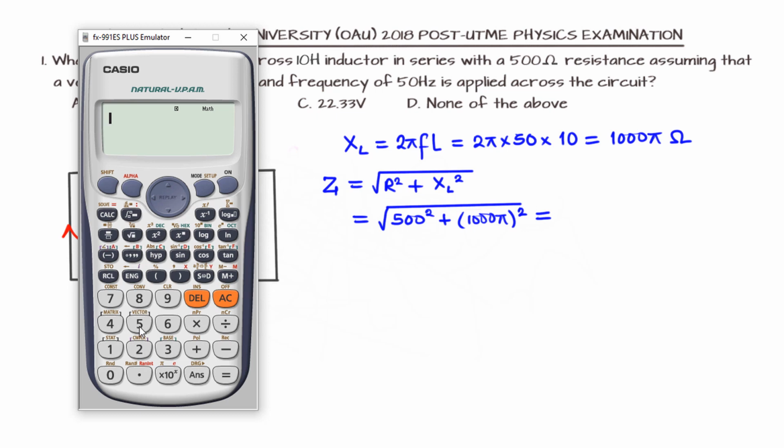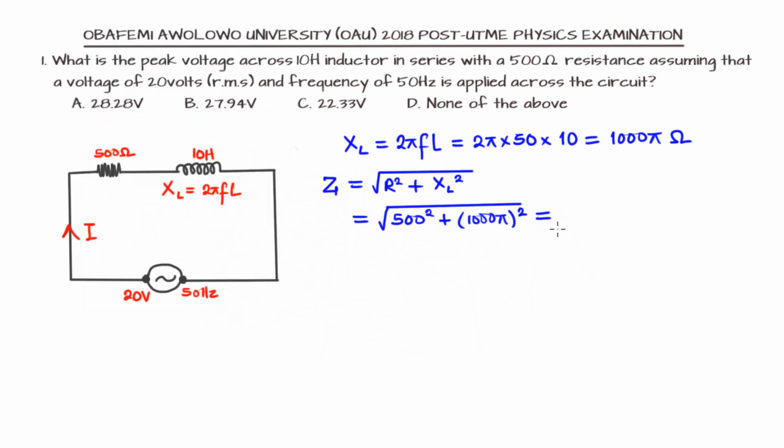So if you bring in our calculator, that will be 500 raised to power 2 plus 1,000 pi raised to power 2. So if you find the square root of that, that will give us 3,181.13 ohms. So the impedance for the circuit is 3,181.13 ohms.